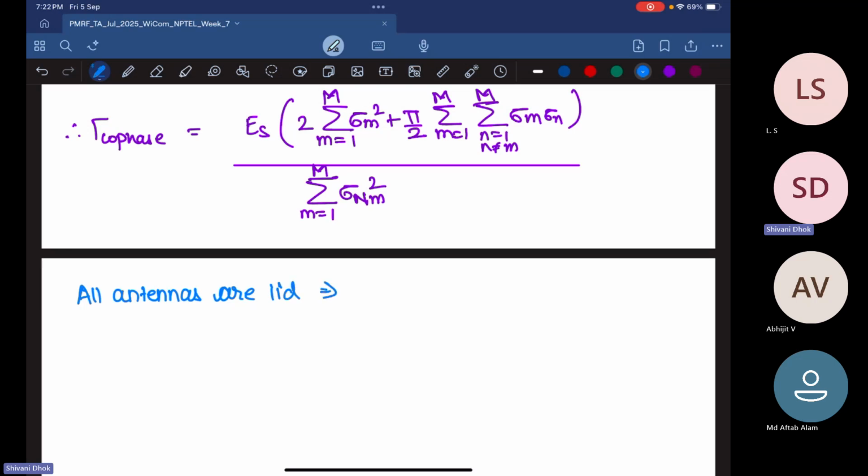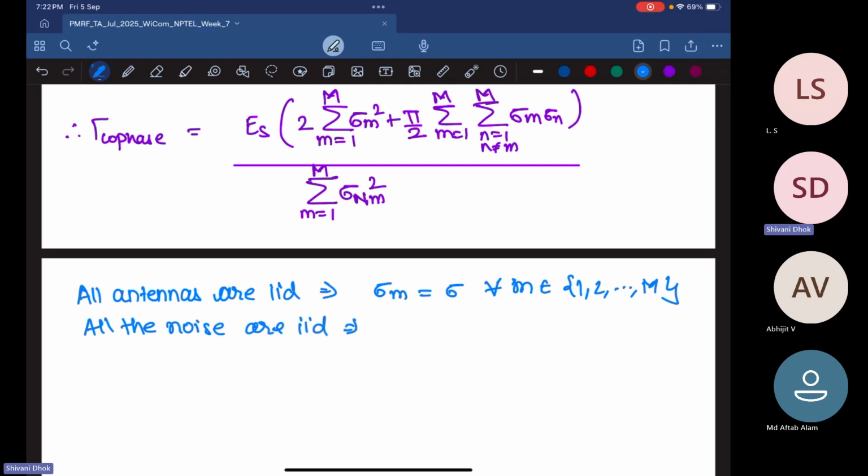Already they were independent, which means sigma m is equal to sigma for all m in 1, 2 and so on till capital M, and all the noise are IID, which means that sigma nm is equal to sigma n for all m.